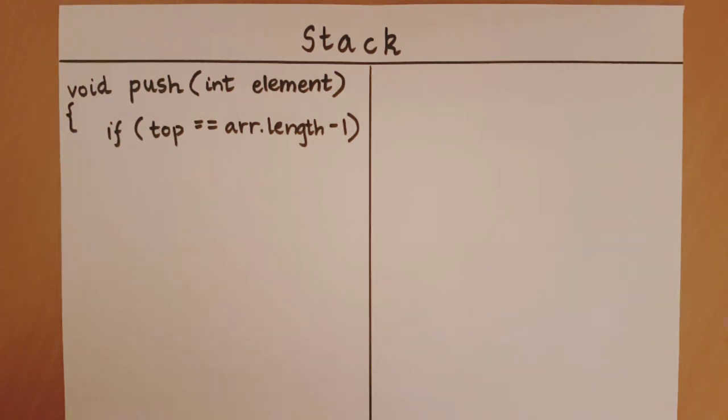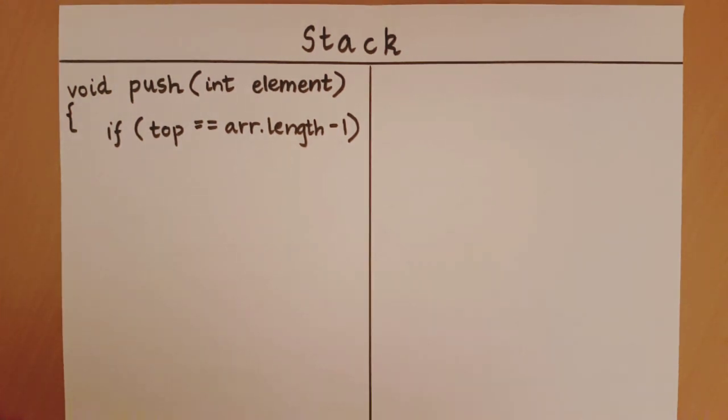The last index of this array, which stores 5 elements, is 4. So the last index of an array of length 5 is 4. So now we can get the last index of the array by arr.length minus 1.